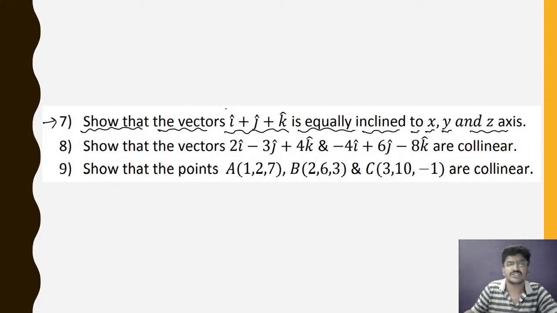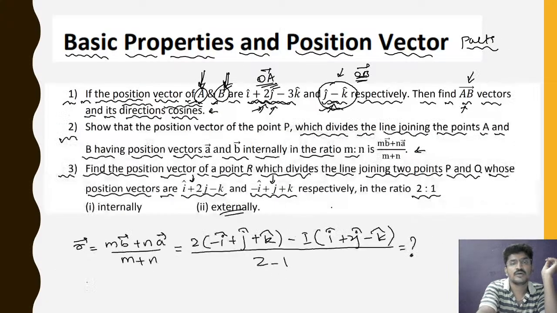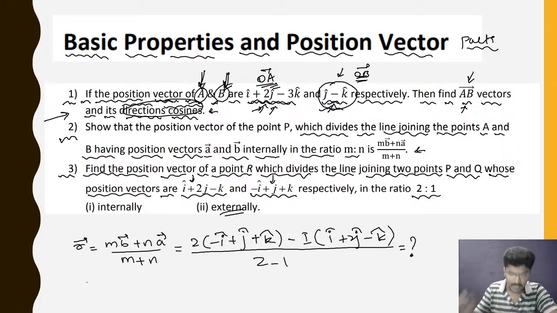See from the previous problem, in one of the problems we have solved it. While finding direction cosines, we have used the formula cos alpha, cos beta, cos gamma in the first problem.